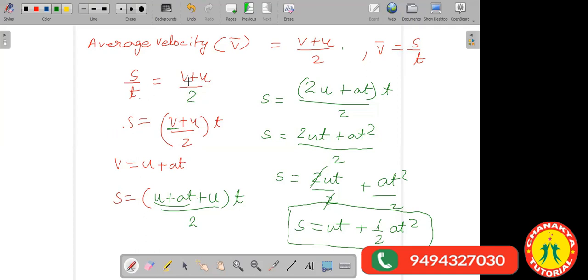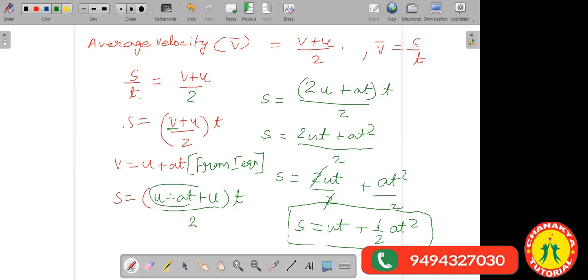Transpose this t to the other side, you get (v plus u) by 2 multiplied by t. Now, this one we know from the first equation of motion: v is equal to u plus at. So in place of v, we substitute u plus at.